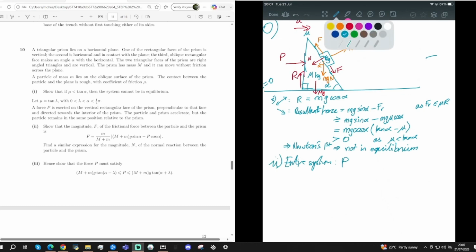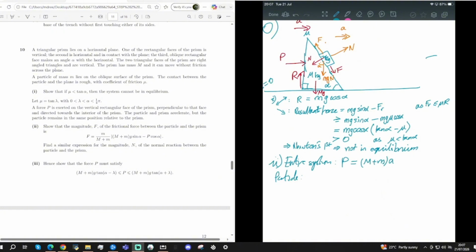Now that's a vertical force, it's not affecting my horizontal motion. So P is equal to the total mass times A. That's going to be a really nice way to cancel out this acceleration in a later part of the problem.